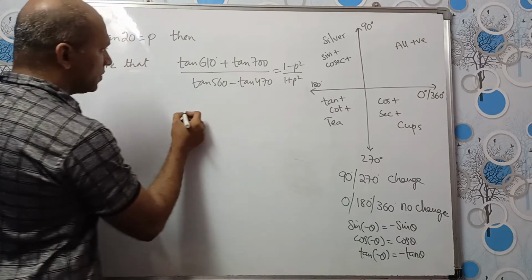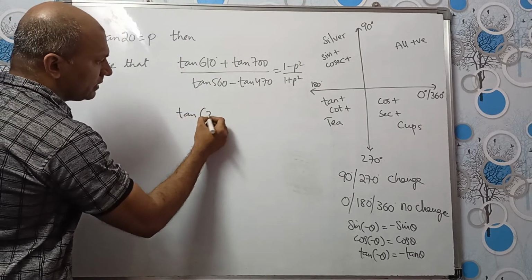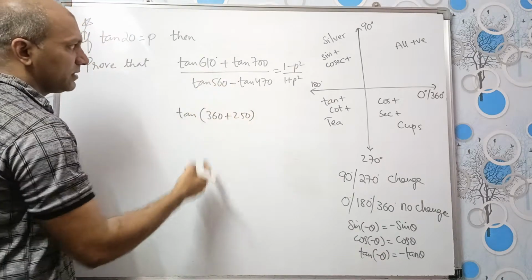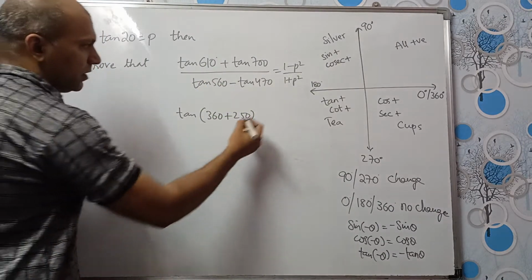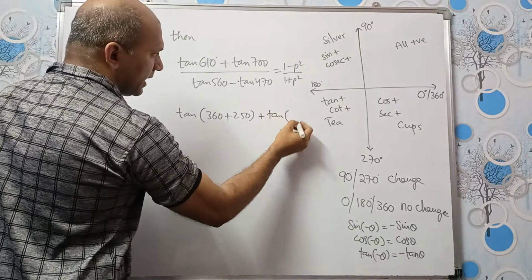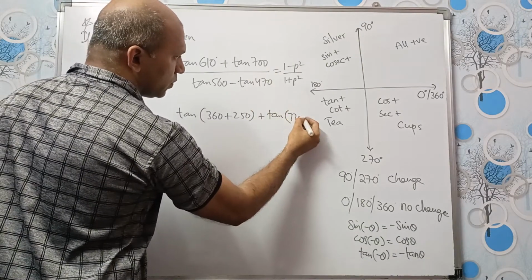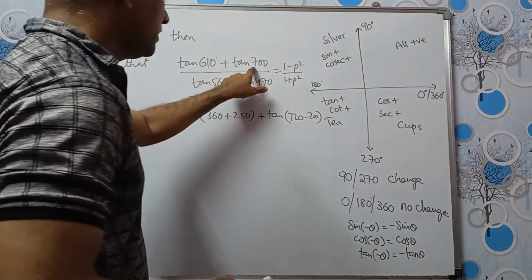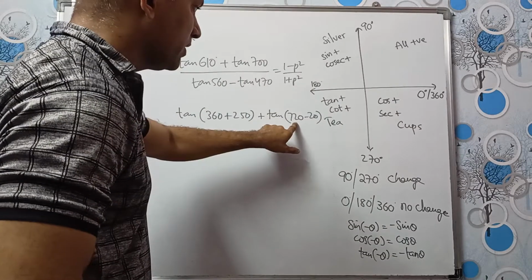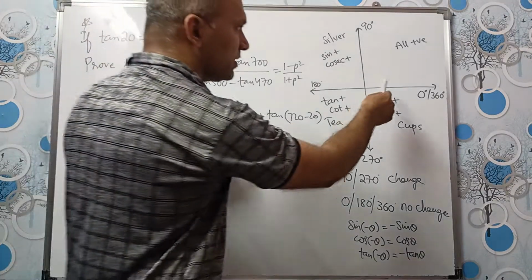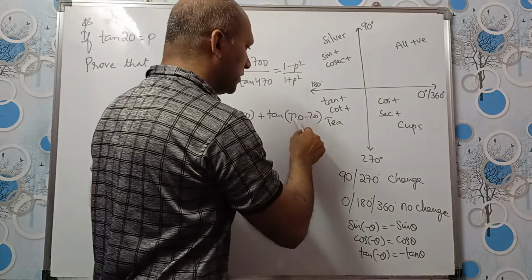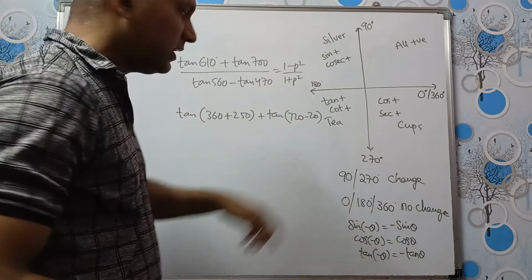Okay. Now, so this will be tan 360 plus 250. We can write 610 as like this. Plus tan 720 minus 20, right? 700, we are writing it as 720 because 720 is a multiple of 360. One circle, 2 circles will give us 720. So we can remove this 720, right?